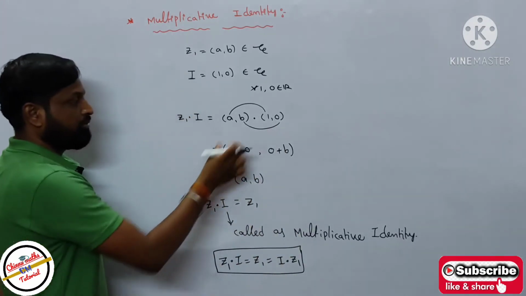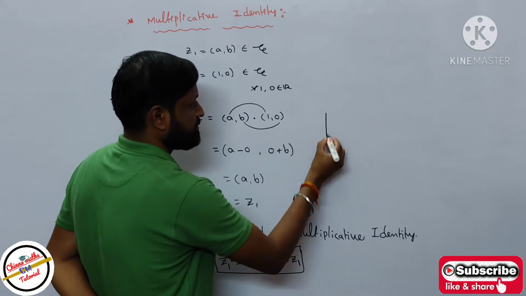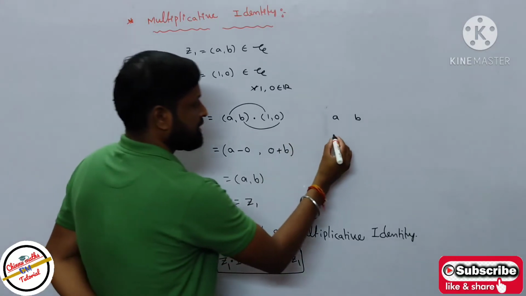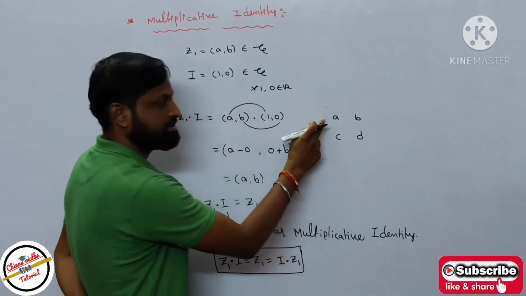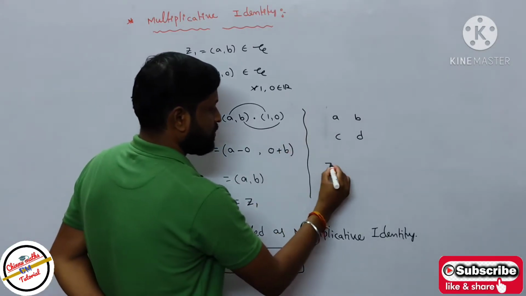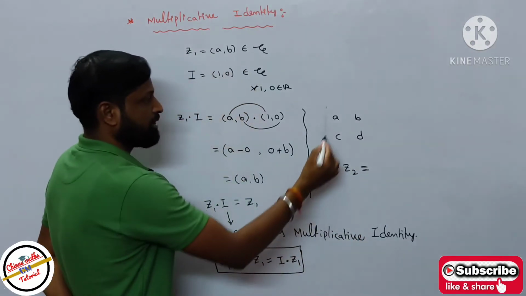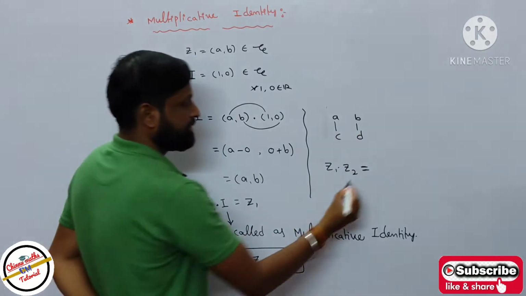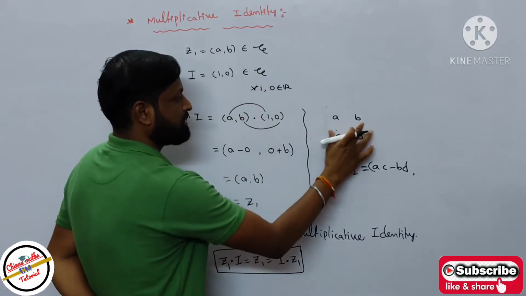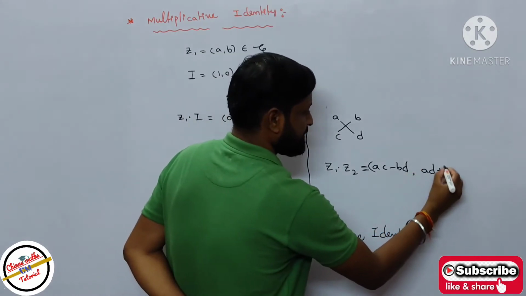So how can you remember the multiplication of two complex numbers? Simply write the first ordered pair A comma B, and the second ordered pair C comma D, that is Z1 and Z2. For the multiplication Z1 into Z2, just remember: first multiply these two, AC minus BD, comma, after that take the cross multiplication, AD plus BC.